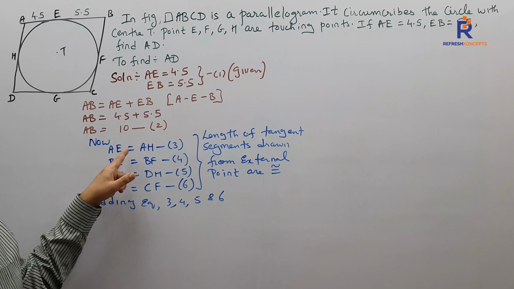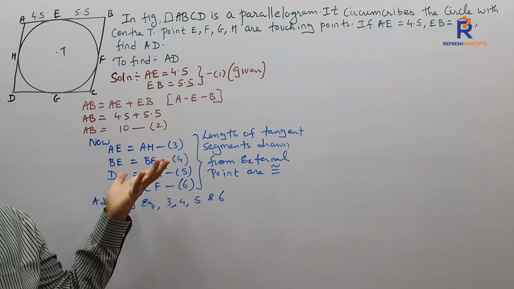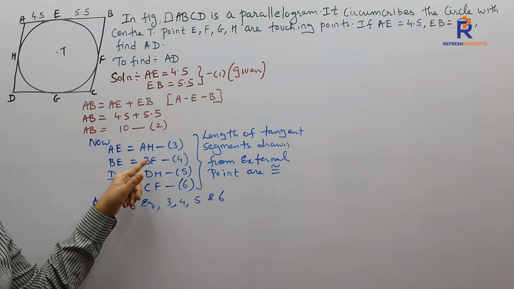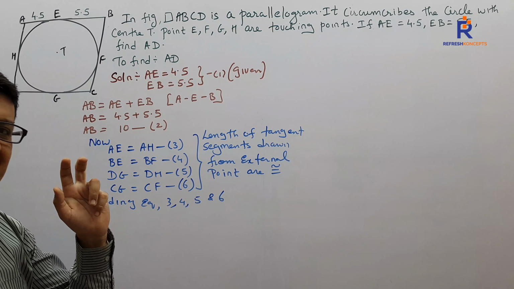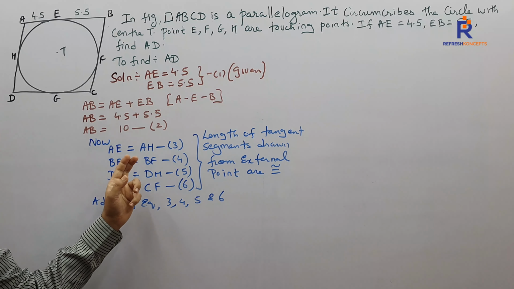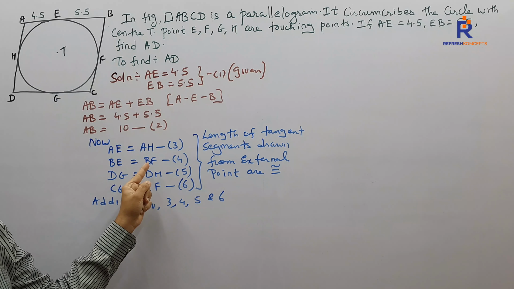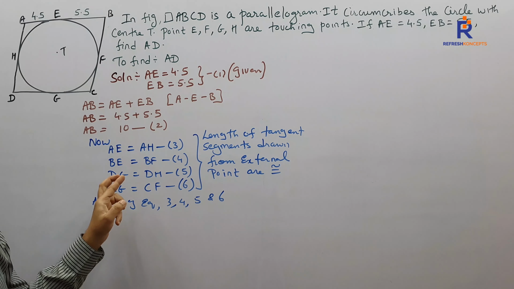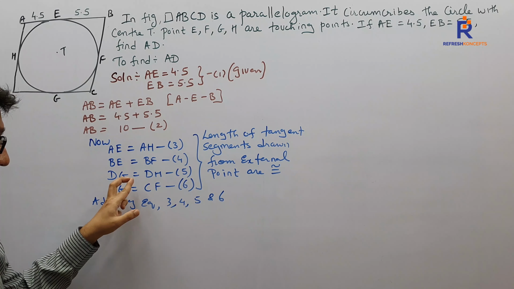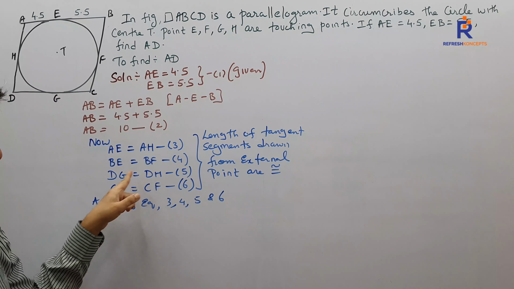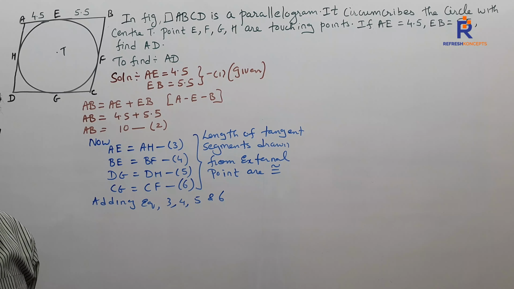I have written AE is equal to AH. Here BE is equal to BF. Is there any mistake if I write down BF is equal to BE? BF coming here, BE going there. Is there anything wrong if I write down DH is equal to DG?